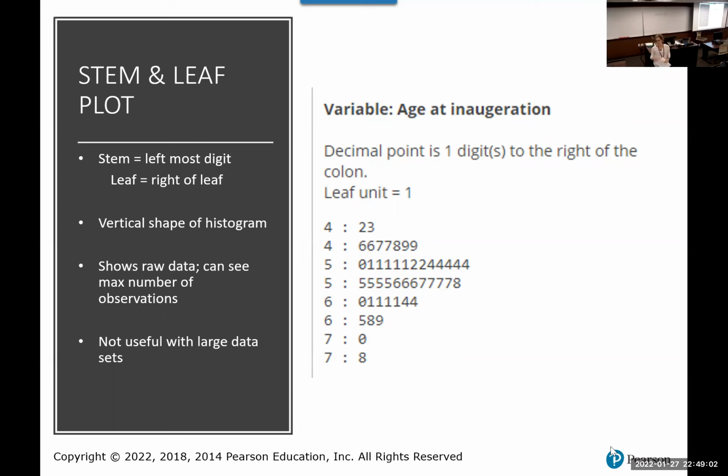If you had decimal numbers, you could separate it based on the decimal point. The stem is going to be your leftmost digit you decide on, and the leaf is going to be the rightmost digit you decide on. It is basically a vertical histogram.